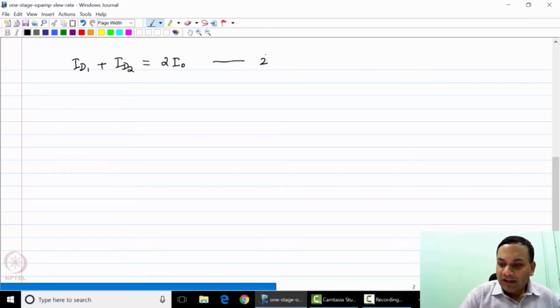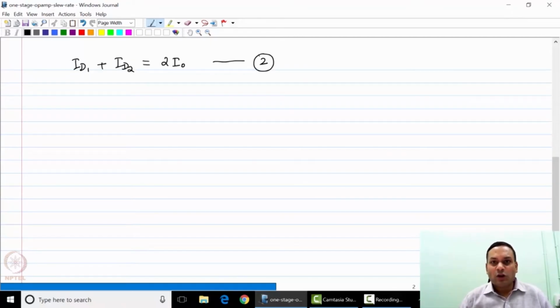So I'll denote this by equation 2. Clearly, I have two equations and two unknowns, so I should be able to solve for ID1 and ID2. But more specifically, I am interested in solving for ID1 minus ID2.